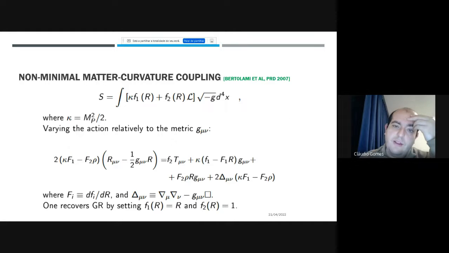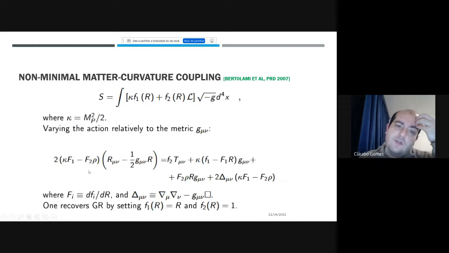Okay, let us further generalize f(R) theories. This example is work that I have done with collaborators in what concerns the gravitational wave solutions. This model was proposed by Bertolami et al. in 2007.